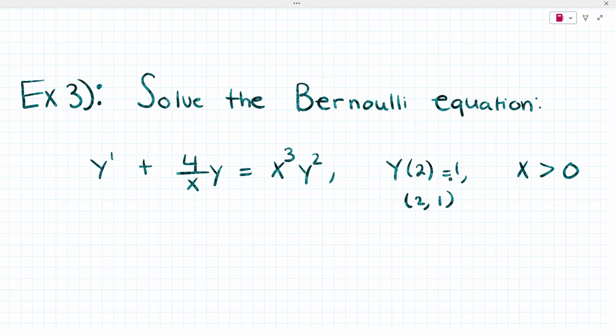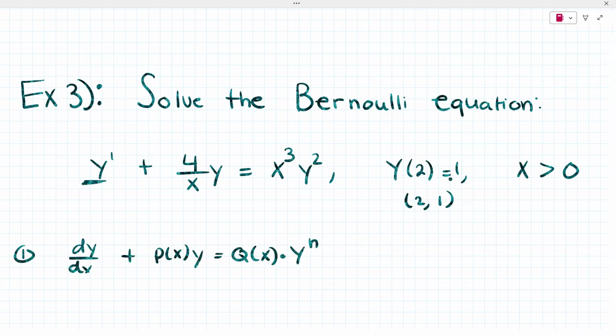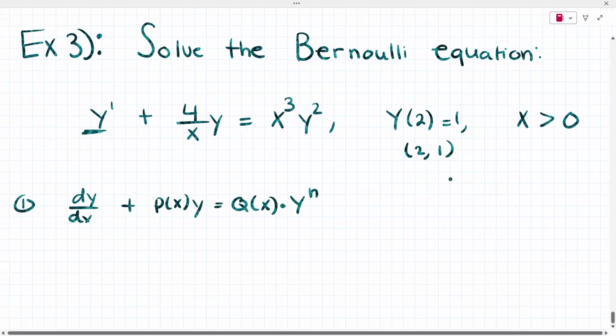So step 1, put it in the correct form. Is it in the form of dy/dx? It is. If you see this y prime, that's the same thing as dy/dx.